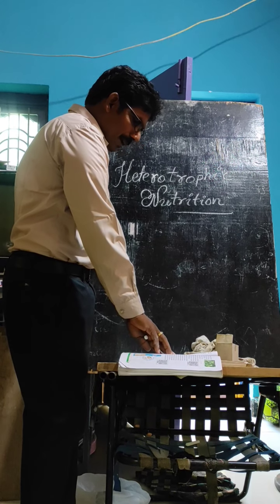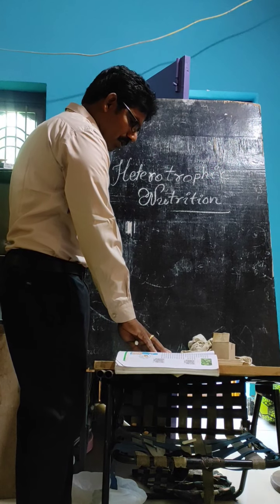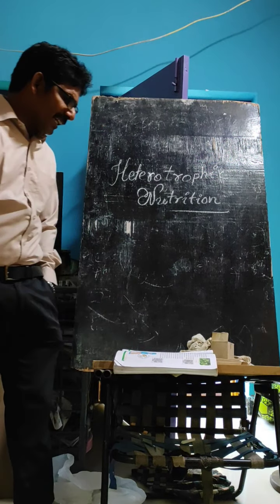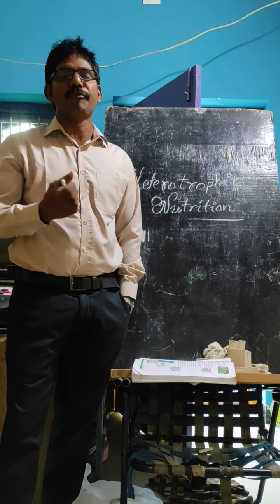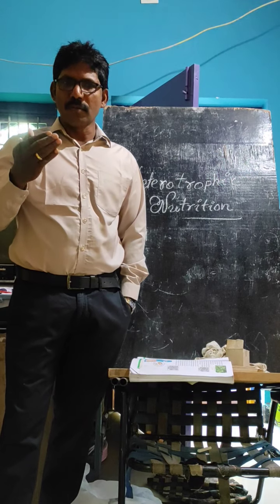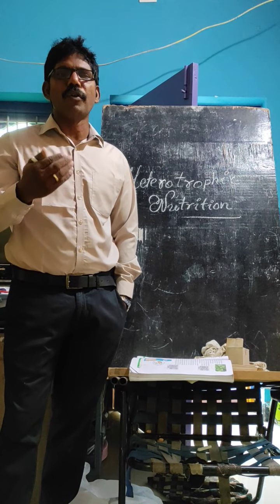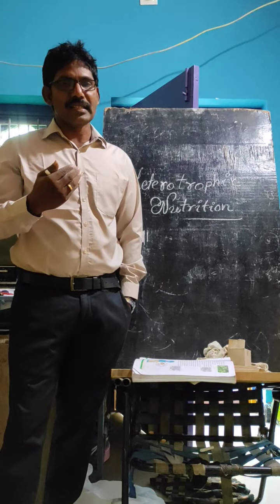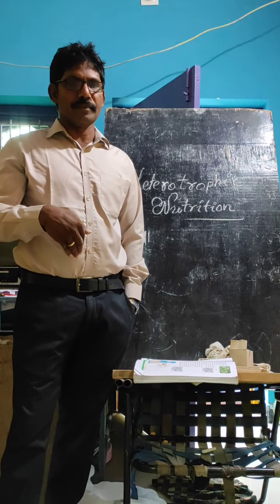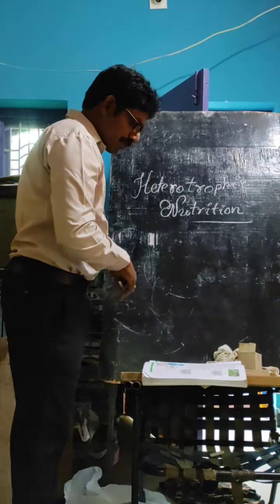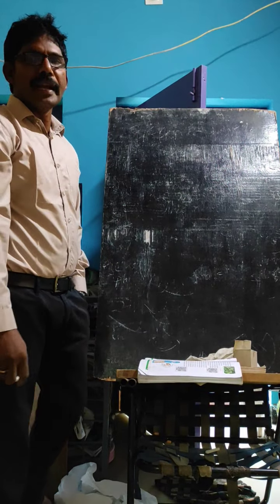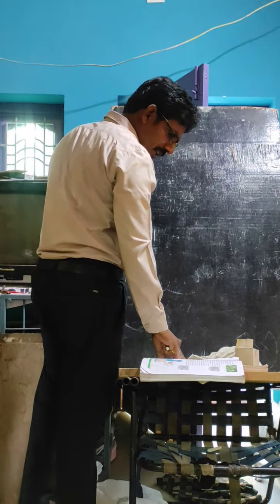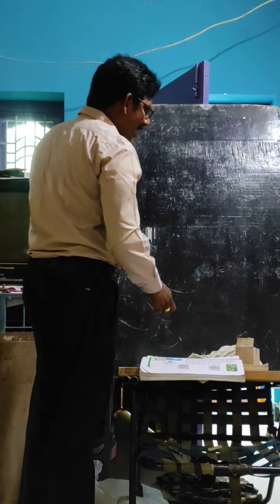Depending on the type and availability of food, organisms can adopt a range of strategies of food intake and use. For example, some of the organisms break down the food material outside the body and then absorb it.